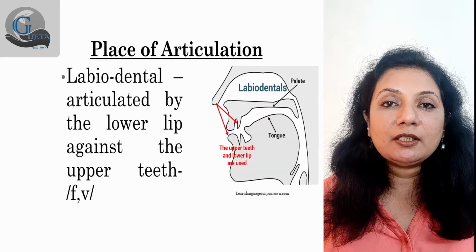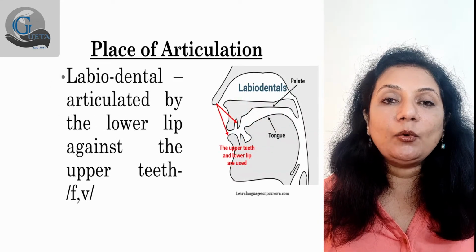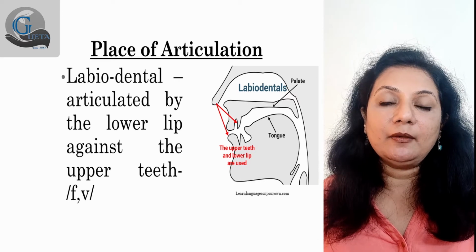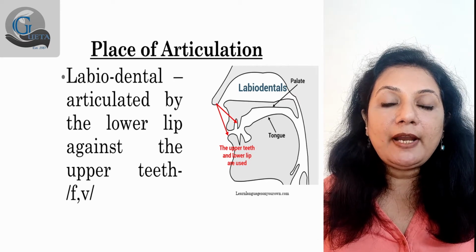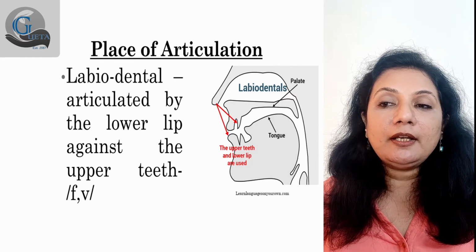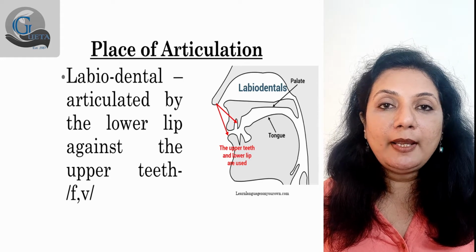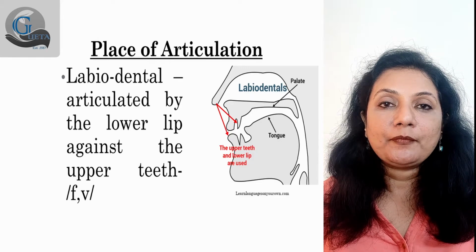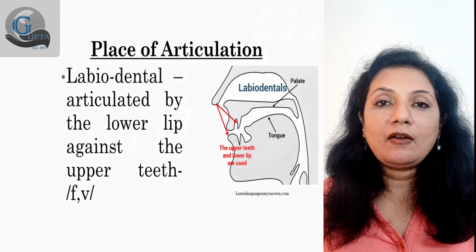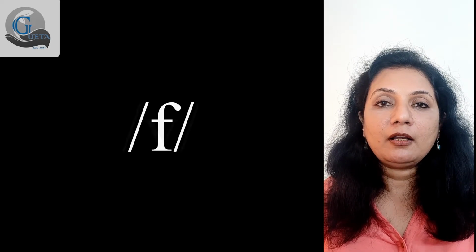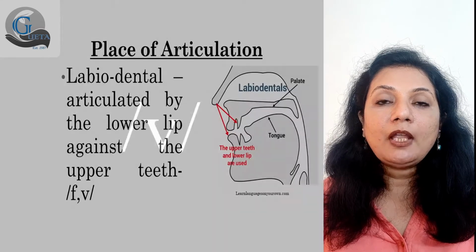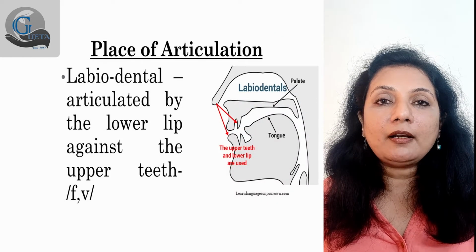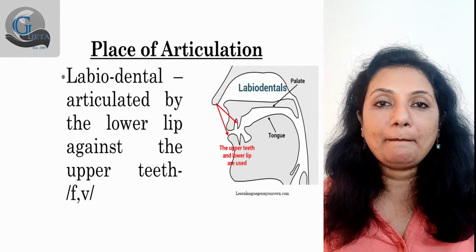Now the next sound is known as labiodental. Labiodental is articulated by the lower lip against the upper teeth. In sounds like f, v, you can see that the upper teeth touch the lower lip.